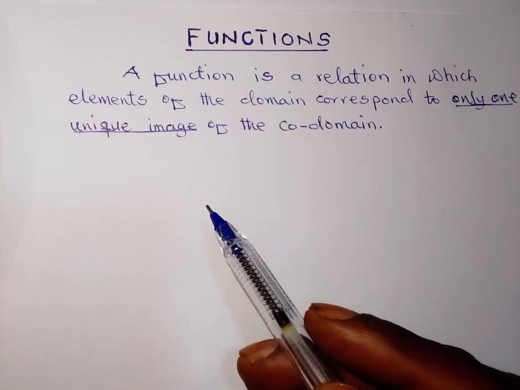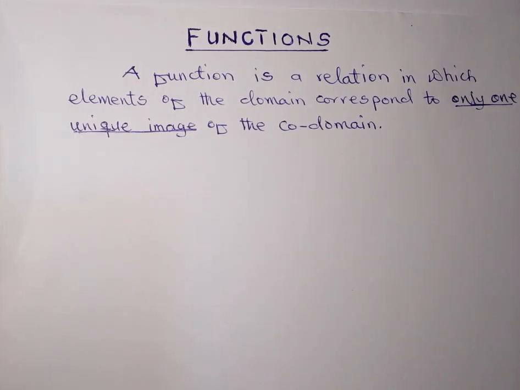We can have single elements in the domain corresponding to only one image of the codomain. In the same way, we can also have many elements of the domain corresponding to only one.